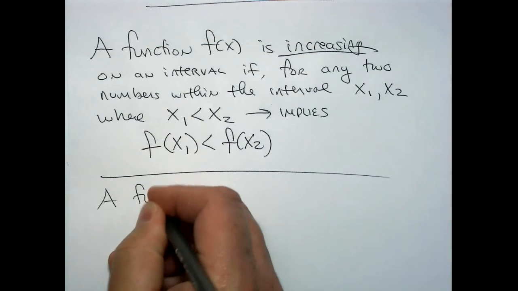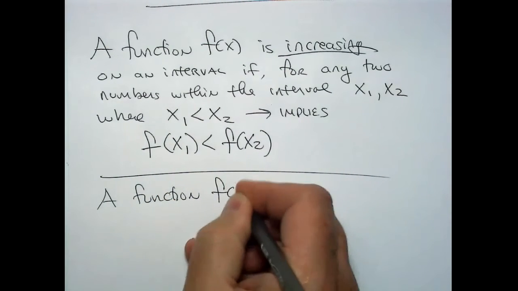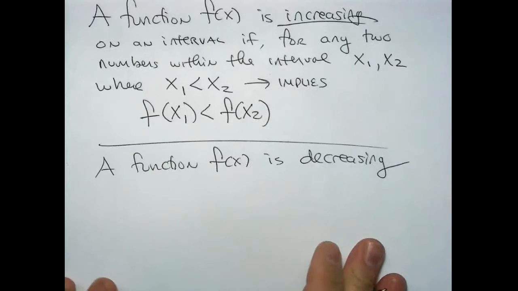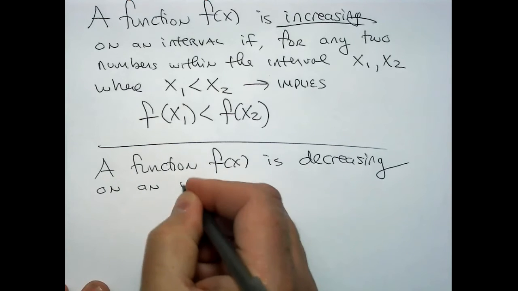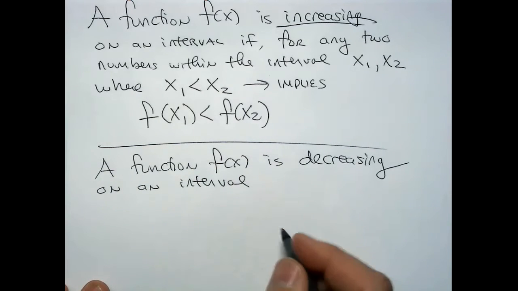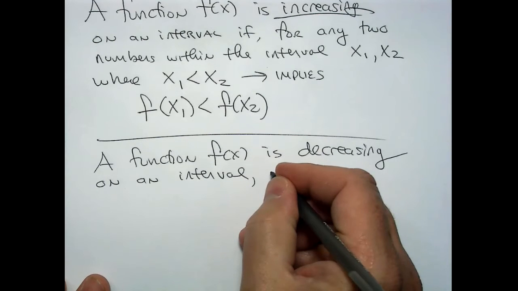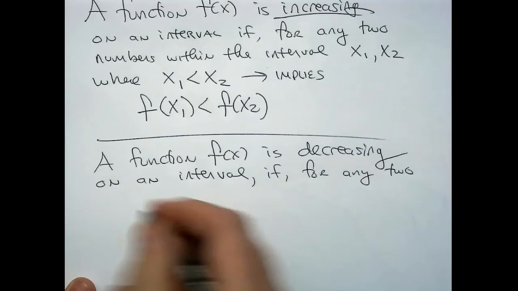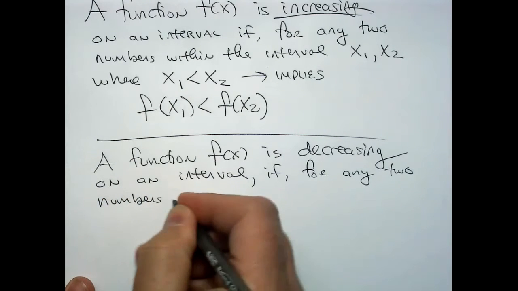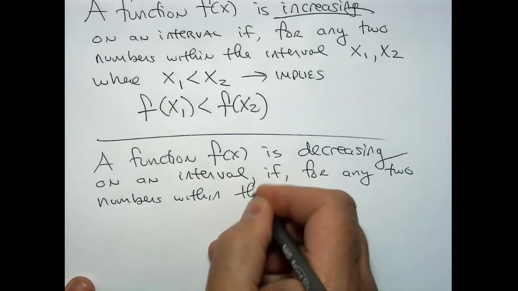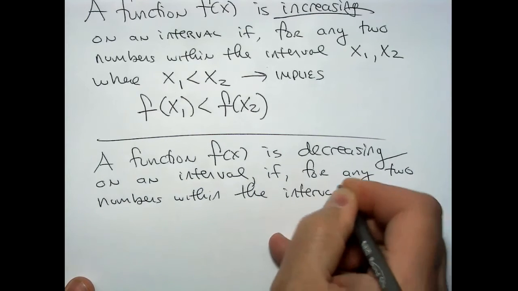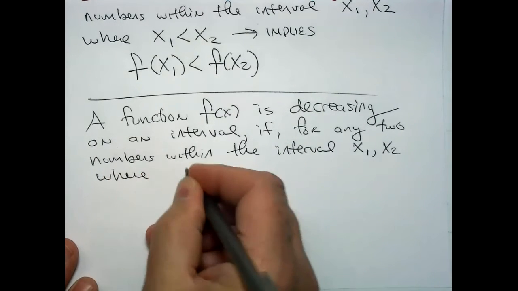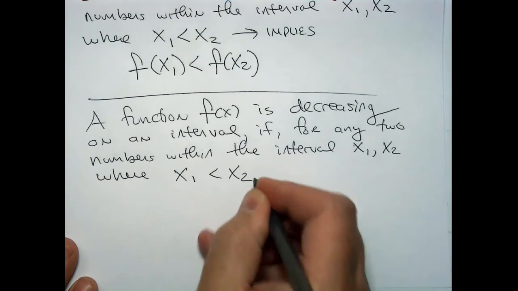A function is considered to be decreasing on an interval same situation if for any two numbers within the interval, and again, same two, x1, x2, where x1 is still the smaller of the two x values.